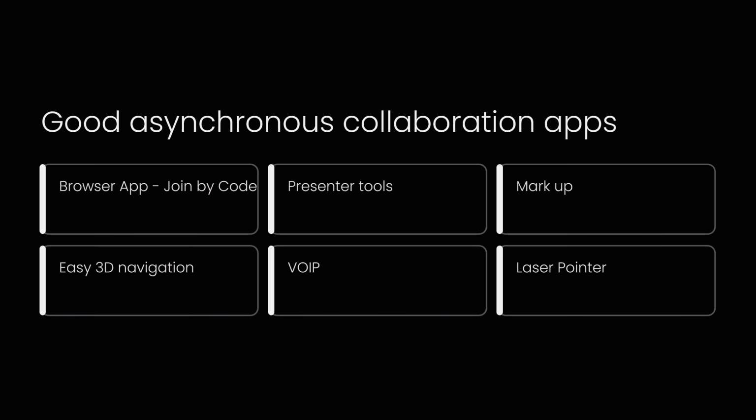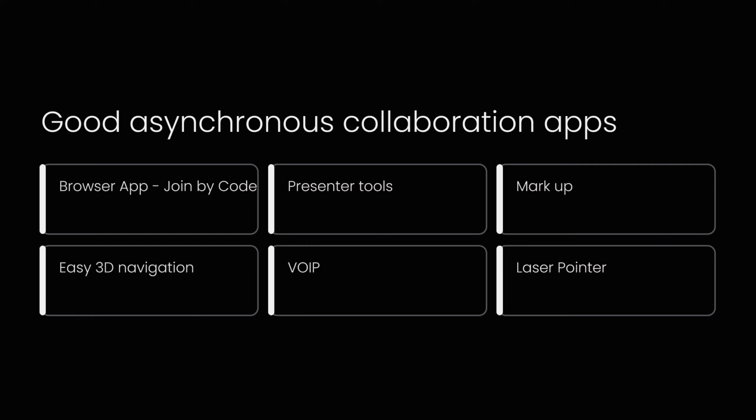So this is the functionality that you really need in your screen collaboration app. Browser join by code for low friction access to the room, presenter tools to give a curated experience, markup and laser pointer to give the user agency. They really need something to do, especially because they're not really co-present with you. They don't feel the immersion like the VR user does.